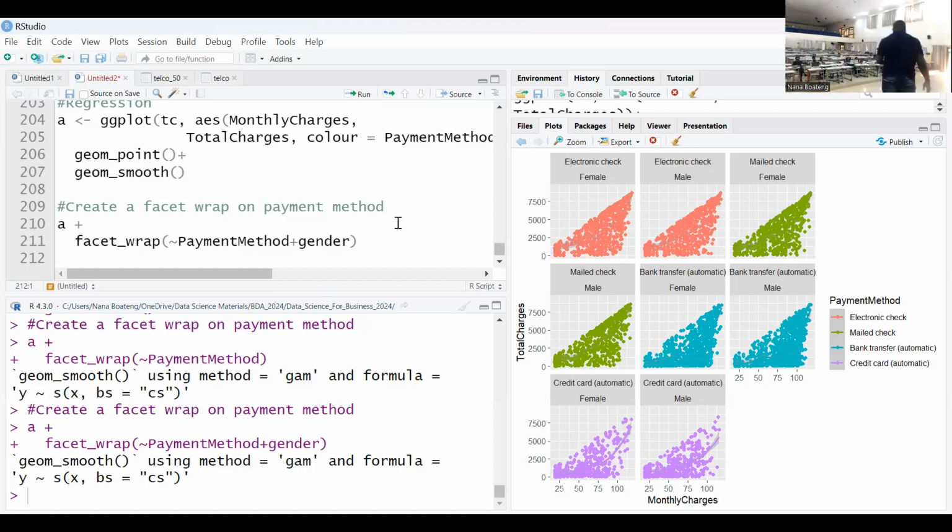So once you've added gender, payment method and gender, let's add the gender. Yeah, so we use the reading.